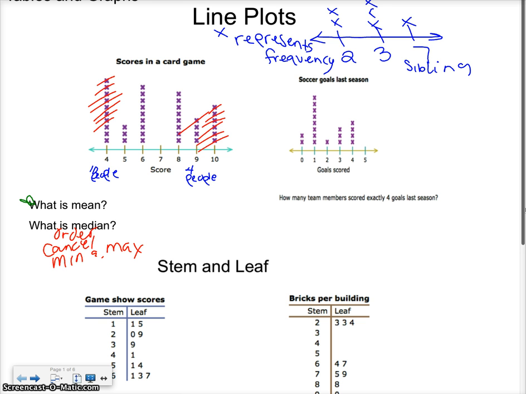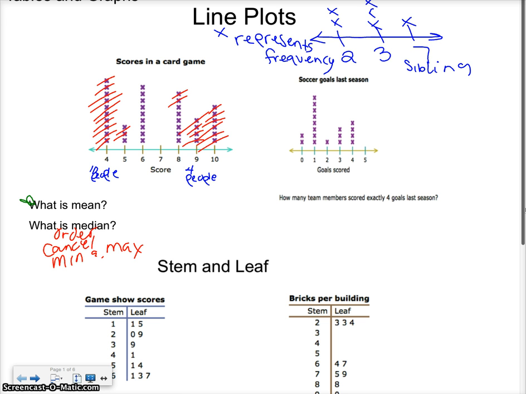Now look, my biggest score was 9. And what some people think is that the numbers on the bottom are what they should use for the median. The numbers on the bottom are just the different scores that appeared. It's not the actual score. Smallest, biggest, smallest, biggest. Now moving on, 5 is my smallest and 8 is my biggest.